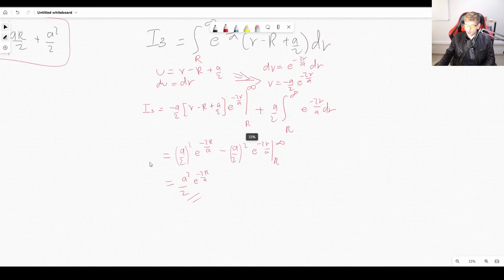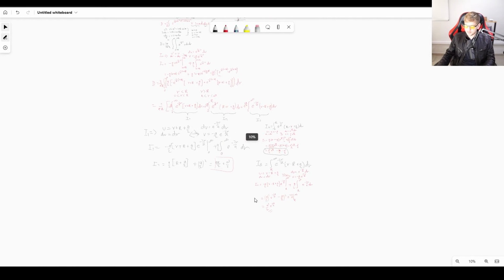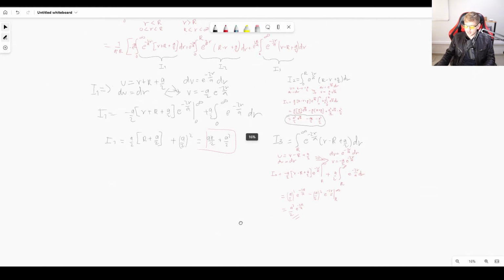There we go. We have all three integrals now. So let's now rewrite them. I'll do it down here. The direct integral is 1 over a squared R times e to the minus 2r over a, and with a minus sign in front. And now comes the result, which is ar over 2 plus a squared over 2. That's from I1.